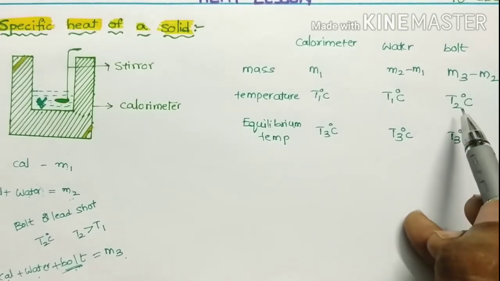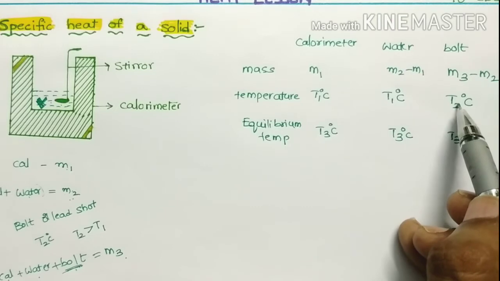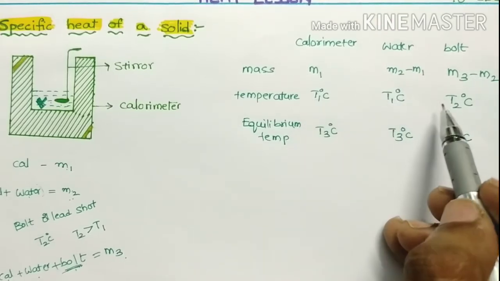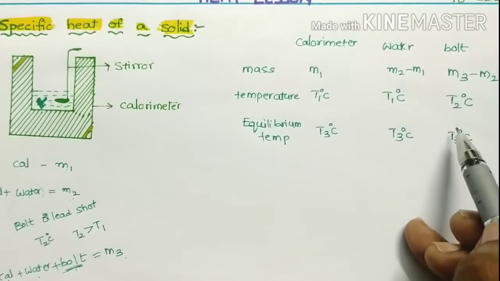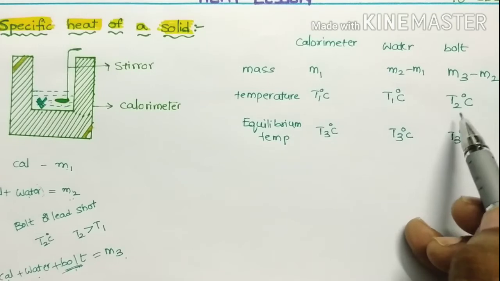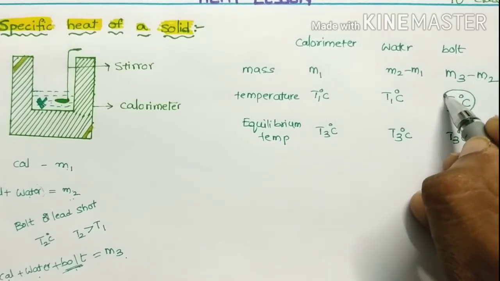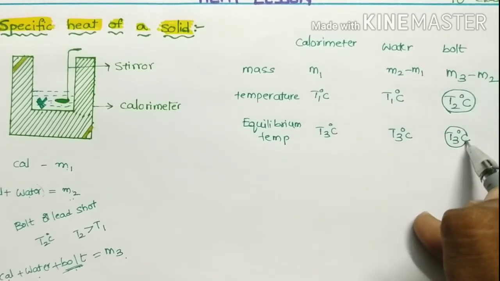As T2 is more than T1, the heat is lost by the bolt and the same heat is gained by the water and calorimeter. So the bolt loses heat, that means T2 is more when compared to T3.